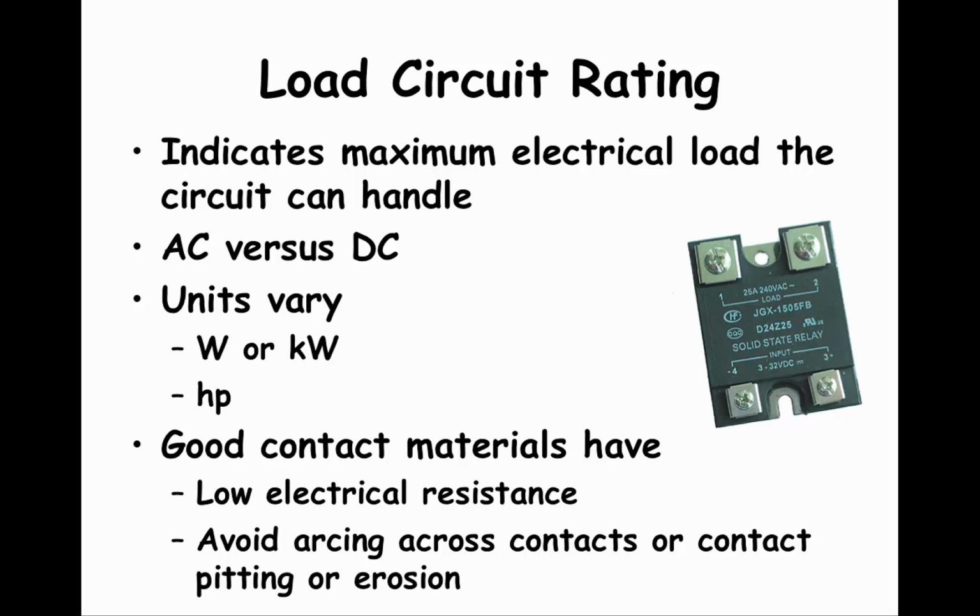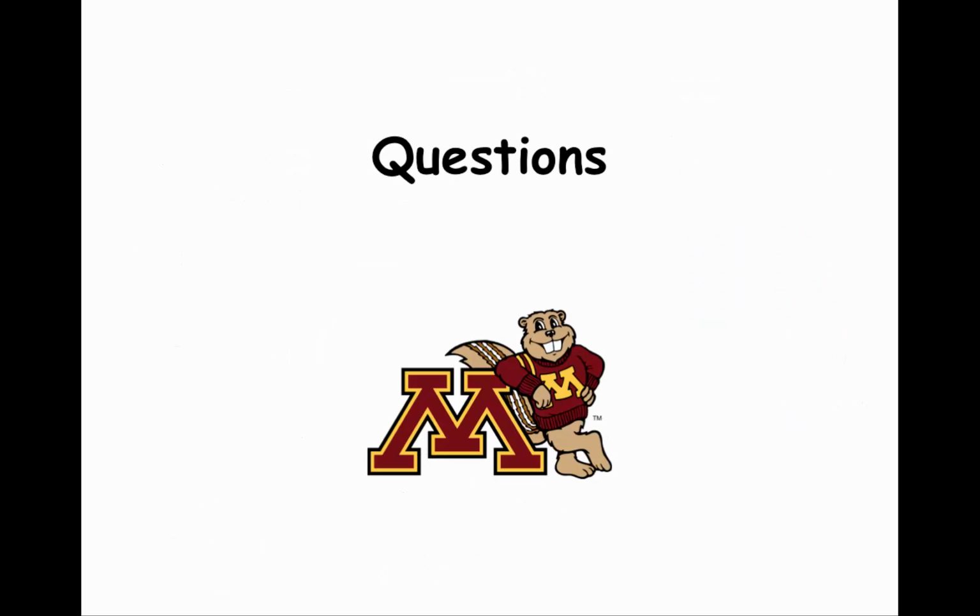Finally, if you use electromechanical relays, the materials used that make or connect the circuit need to be good materials, with low electrical resistance, and avoid arcing when they are disengaged. The materials should also not pit or erode when they open and close.